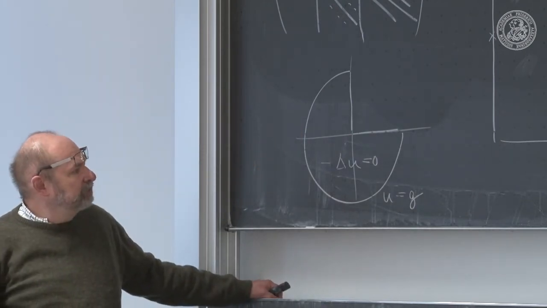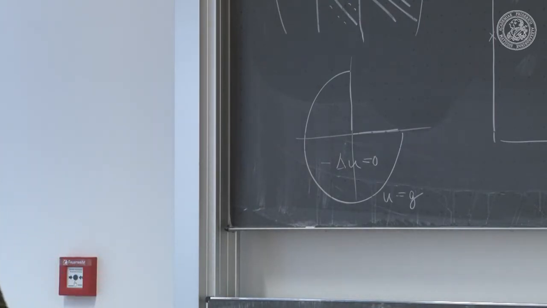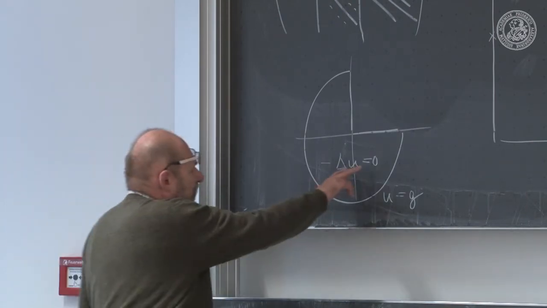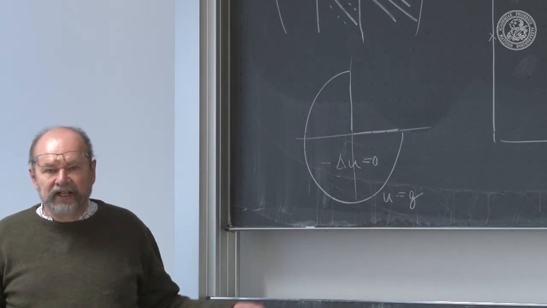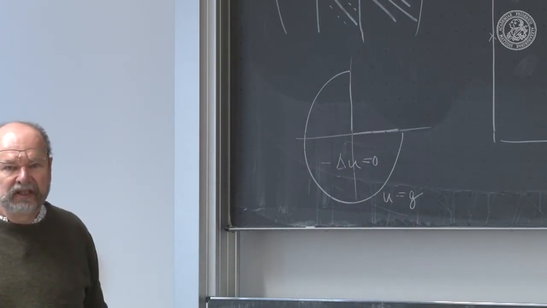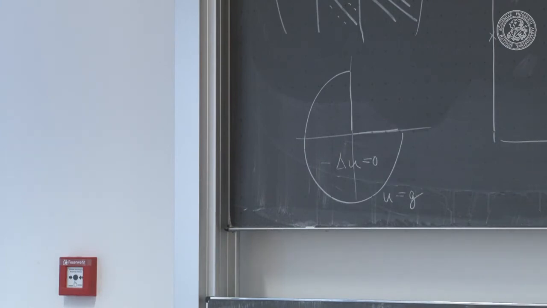We can see this because in this case we can write down explicitly the solution of the problem, because we have a connection between the solution of the Laplace equation, harmonic functions and analytic functions. I don't want to point this out too much, so we can just figure out the solution.